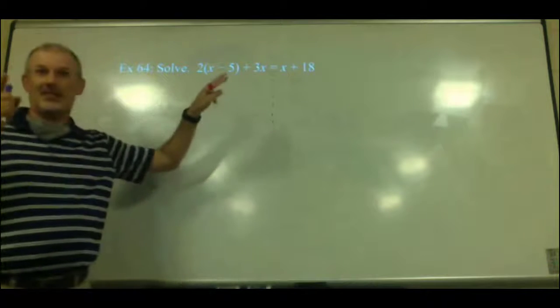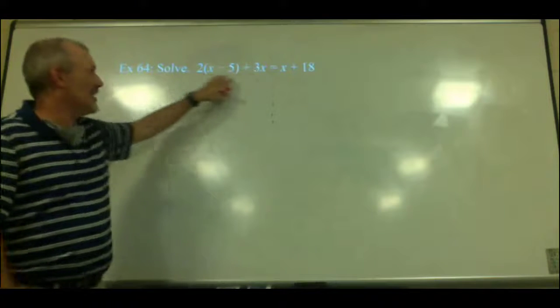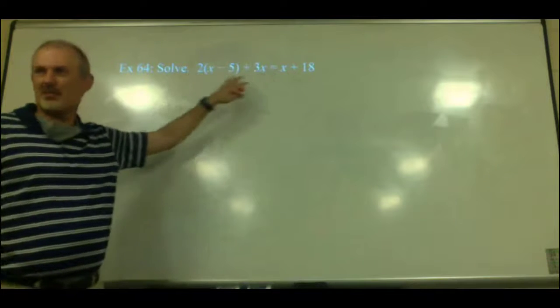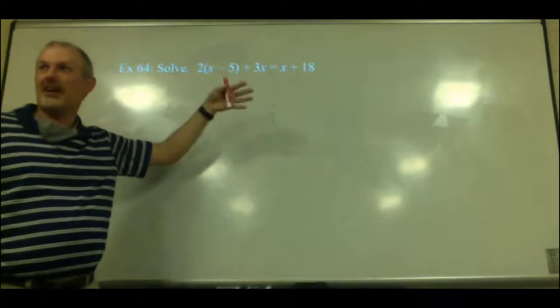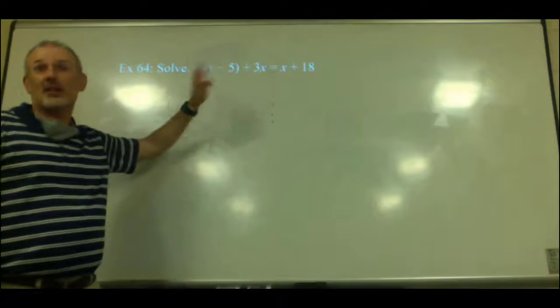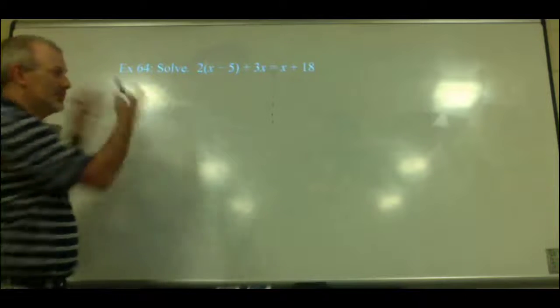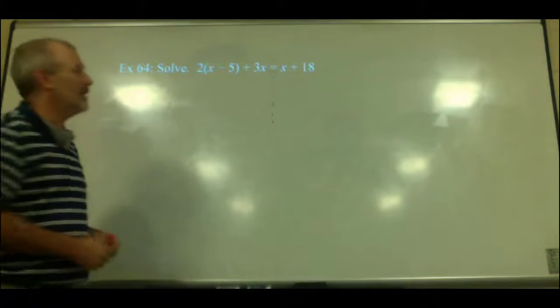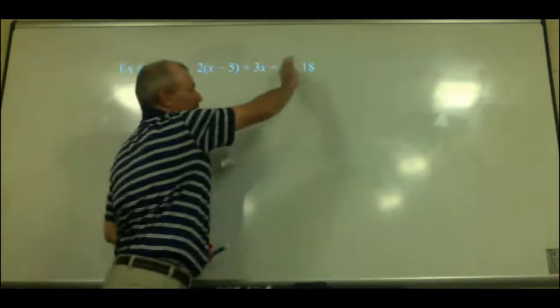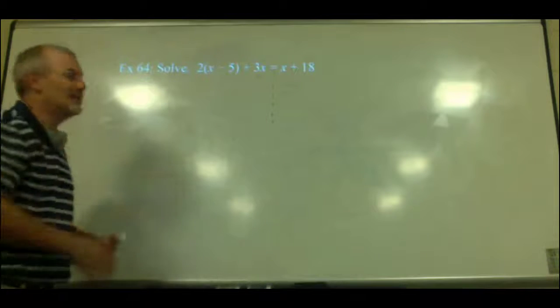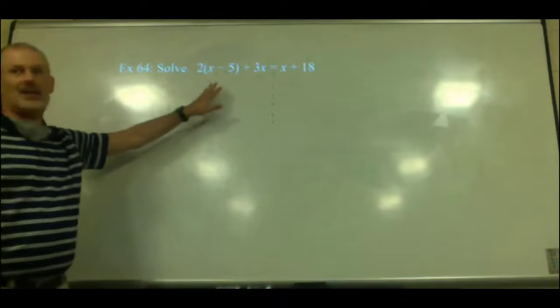But if you just look at this side, this looks like some of the stuff we did last week, where we could simplify it. We're going to start out simplifying first until there's nothing else we can do on the left-hand side. So we're going to leave this alone. We're not going to touch the x plus 18. Just leave it there. We want to simplify this side.